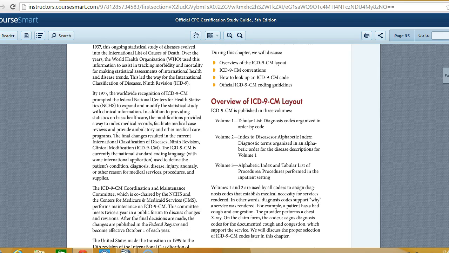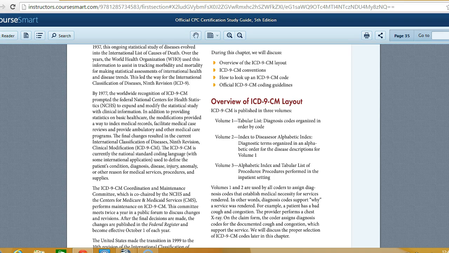We also know that the overview of the layout of ICD-9 is that we have volumes 1, 2, and 3. Now, as physician-based or pro-fee coders, we only use volumes 1 and 2, with volume 1 being our tabular list, diagnosis organized in code order. Then volume 2 is the index of diseases, or the alphabetic index.